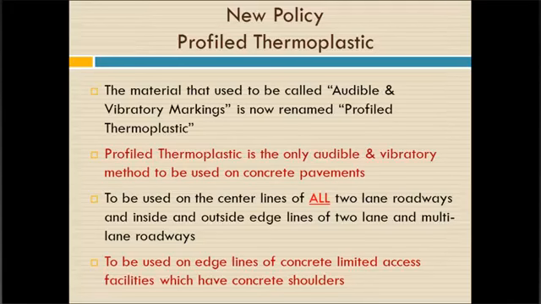On 2-lane roads, you will now put audible vibratory markings on the center lines of all 2-lane roads, as long as it fits the criteria. You're going to use a different method. Now, if you're dealing with a concrete road, then you're going to put profile thermoplastic on the center lines of all those 2-lane concrete roads.